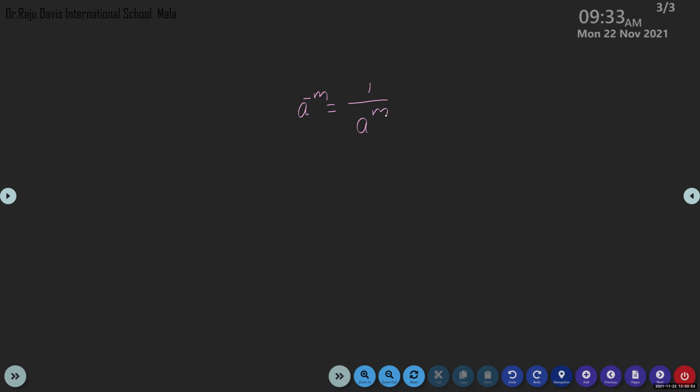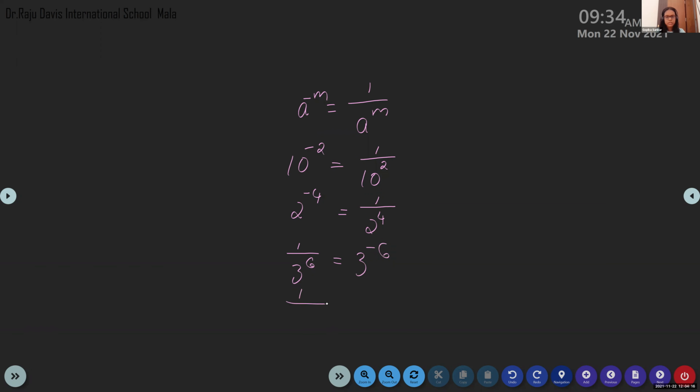So what is 10 raised to negative 2? 10 raised to negative 2 can be written as 1 by 10 raised to 2. 2 raised to negative 4 can be written as 1 by 2 raised to 4. And 1 by 3 raised to 6 can be written as 3 raised to negative 6.